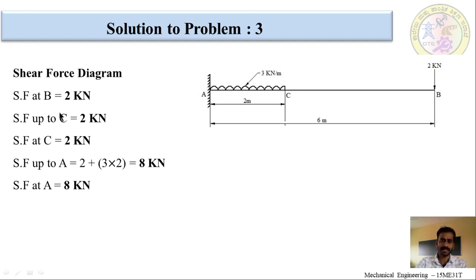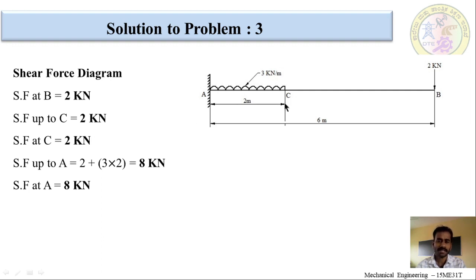First we will calculate shear force at B. Shear force at B is the load acting at that point, that is 2 kilonewton. Now, the second point is shear force up to C. From B to C there is no load, so shear force up to C is also constant, equal to 2 kilonewton.